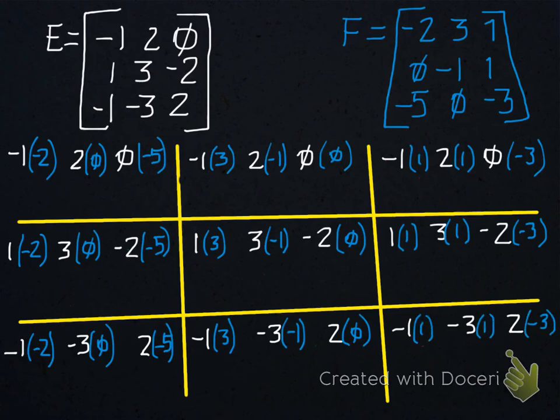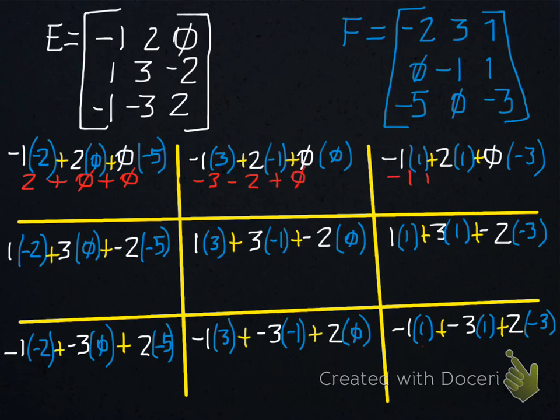Okay, so now we're multiplying everything that needs to be multiplied, and then we're simply going to add every single thing in each square. And then we just solve. So we multiply, simplify, and solve all the way out.